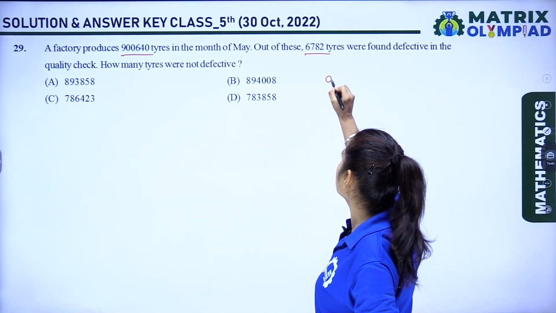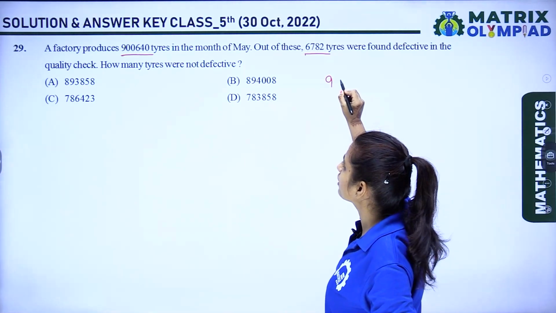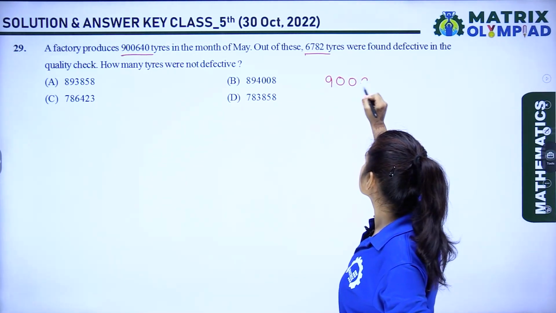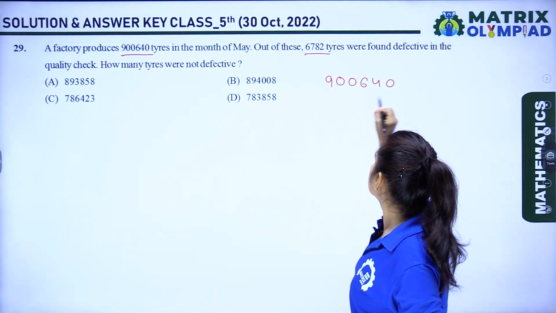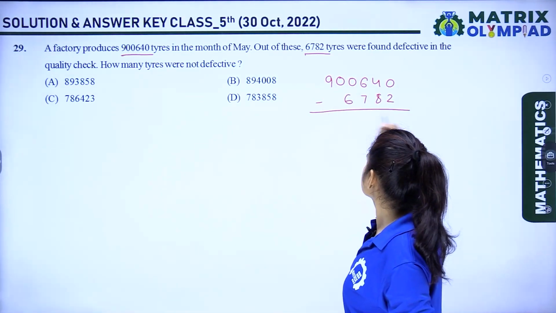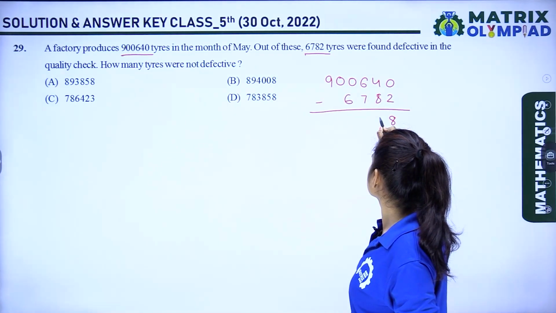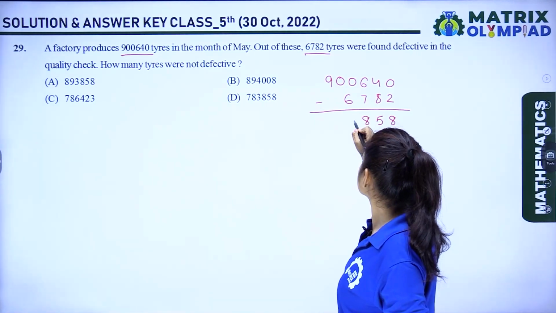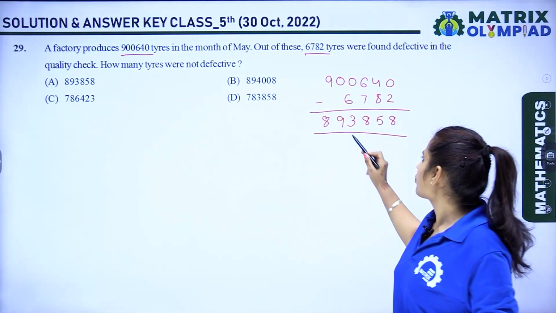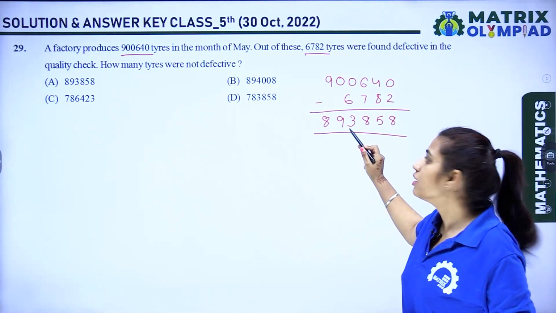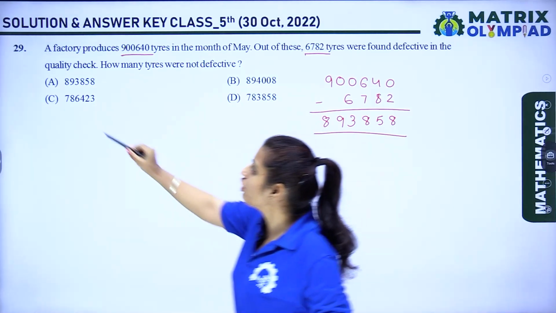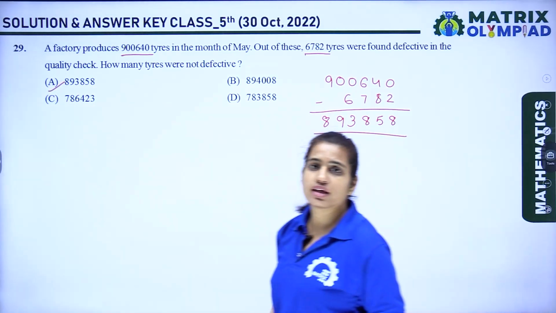So, what we are going to do here, we are going to subtract the defective part from the total. So, the subtraction will be, so the answer will be 8,93,858. So we can say that option A is the correct answer.